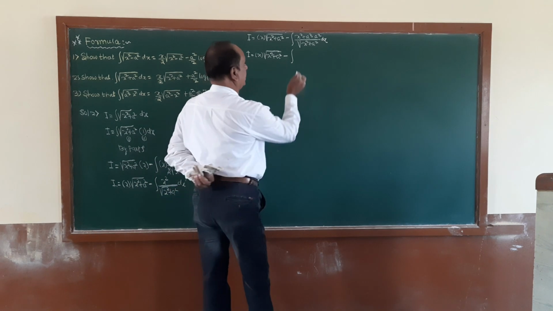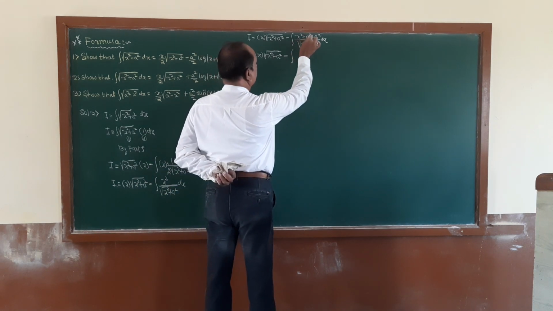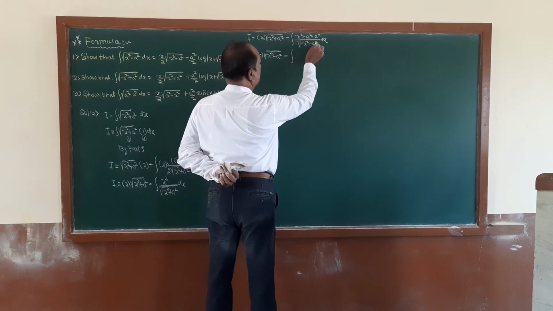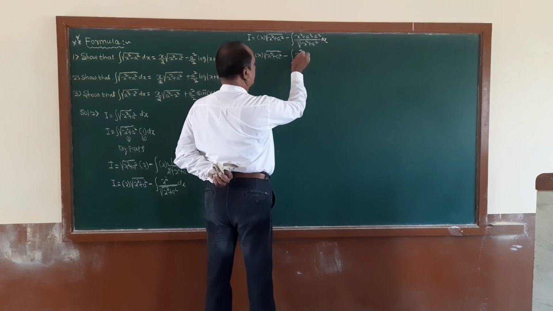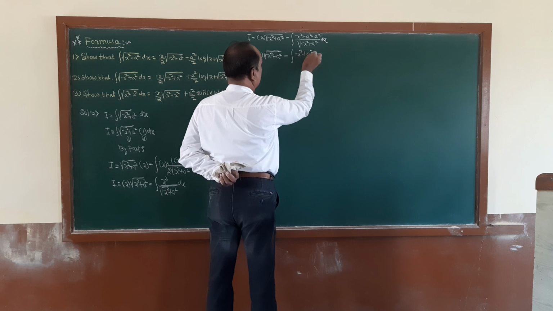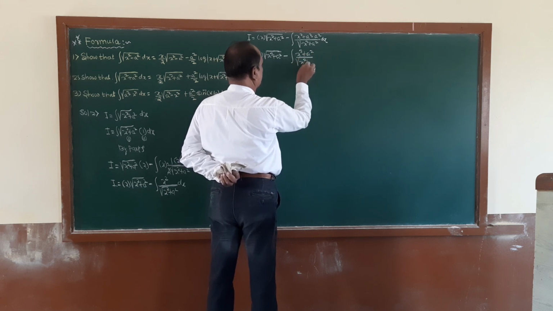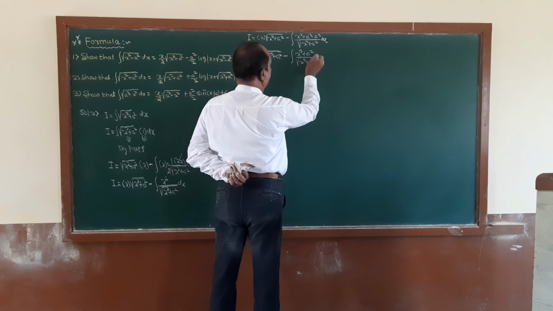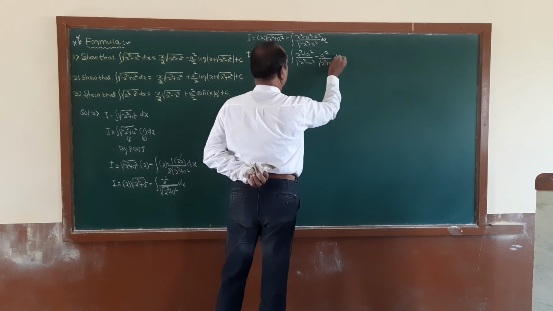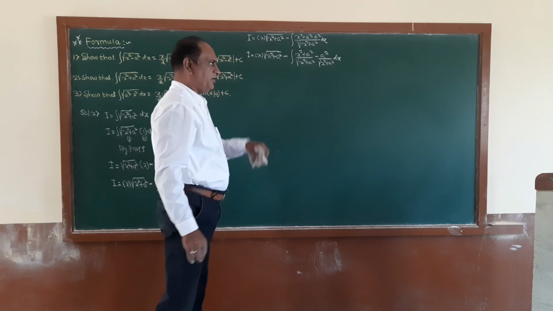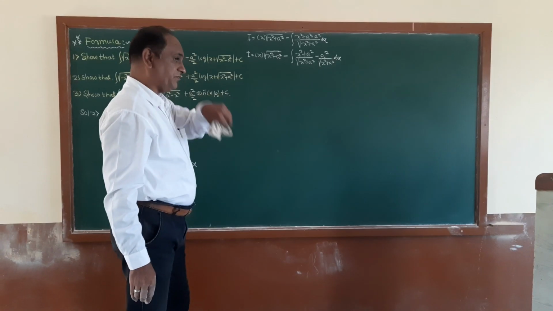Make it two separate terms: x square plus a square divided by this term, minus a square divided by this term, that is x square plus a square divided by the denominator, the square root of x square plus a square, and then minus a square divided by the root of x square plus a square into dx. Okay, make a final arrangement.